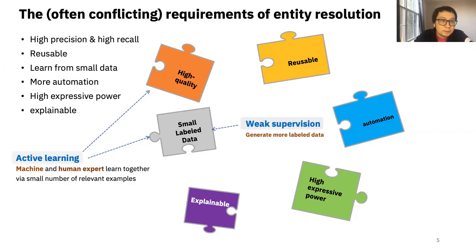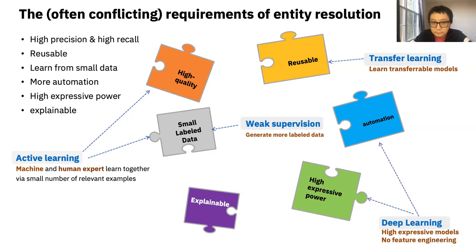To address the small labeled data issue, we can also use weak supervision that can automatically generate more labeled data with very little or no human supervision. And for generating reusable assets, we can use transfer learning, right? We can first make sure we are learning a transferable model that we can apply to other similar scenarios.